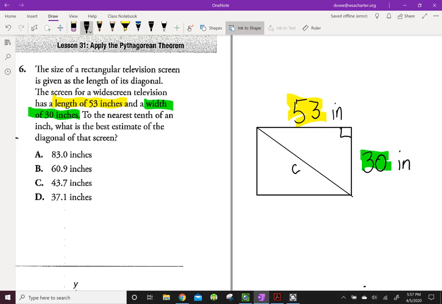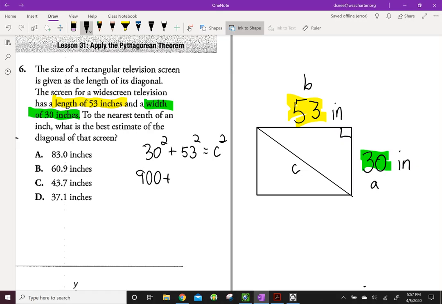That's the hypotenuse, right? And I know that A squared plus B squared equals C squared, so 30 squared plus 53 squared equals C squared, right? This is A, and this is B, and 30 squared is 900 plus 53 squared is 2,809.